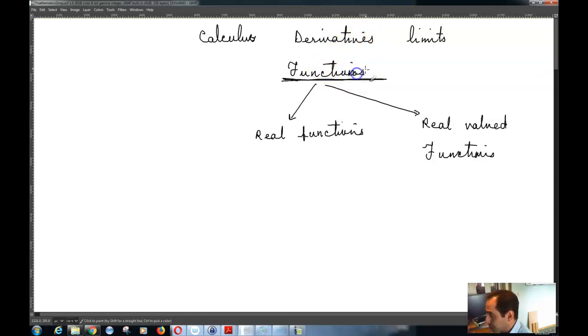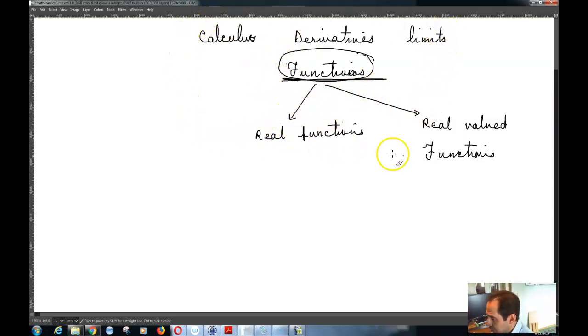is, first of all, we need to know what functions are. Once you know what a function is and where it actually comes from, then we will talk about real functions and real valued functions, and then go back to the rest of our discussion, which is the limit of real valued functions and trigonometric functions.